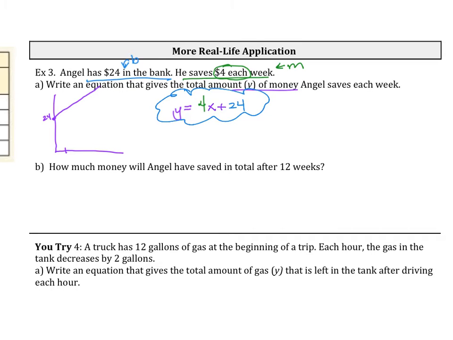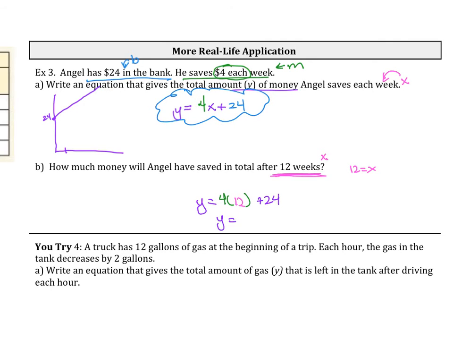Now, how much money will Angel have saved in total after 12 weeks? So figure out what 12 weeks represents in our equation. So each week, that is going to be our time, right? So that is x. Week is time. So this is x. And we could plug it in and solve. So y equals 4 times 12 plus 24.